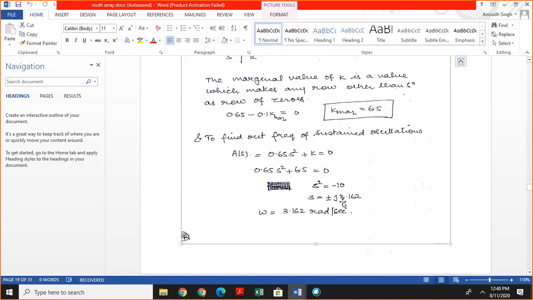It means that both roots are on the j omega axis, and this s is equal to j omega. So omega is 3.162 radian per second.